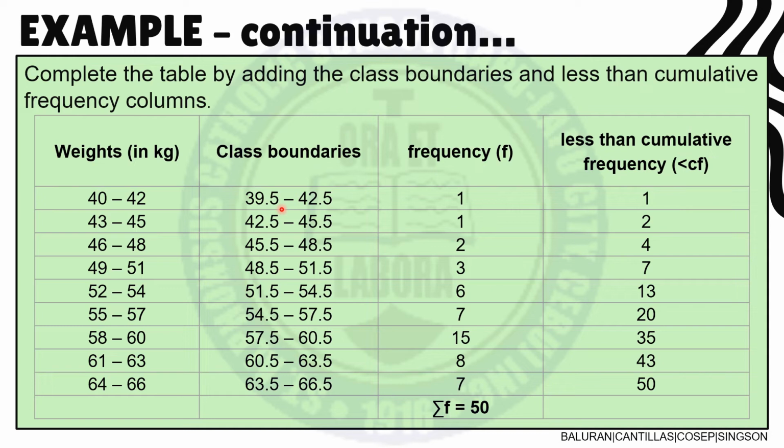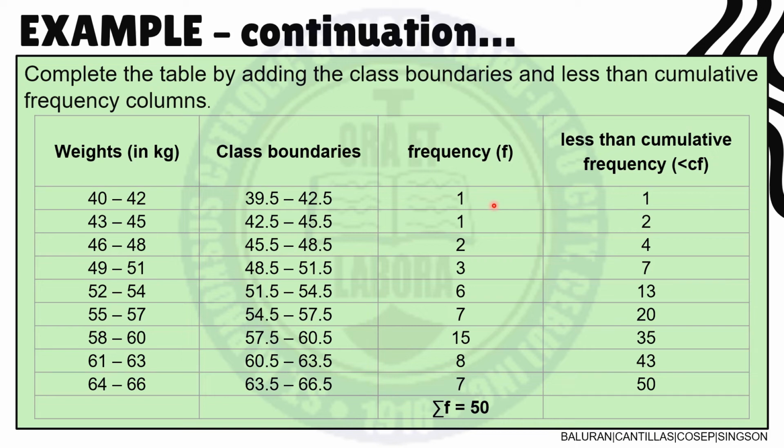Then we will be using our upper limit 42, plus 0.5 so that we can have our upper boundary which is 42.5. And then do the same with the next rows. Then for this column, you add everything so that we can have our summation of f which is equal to 50.